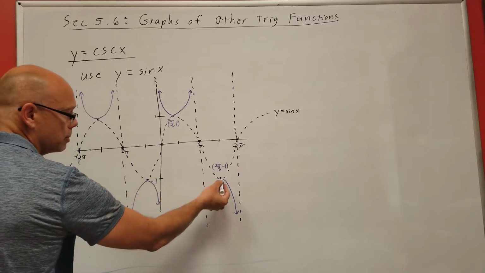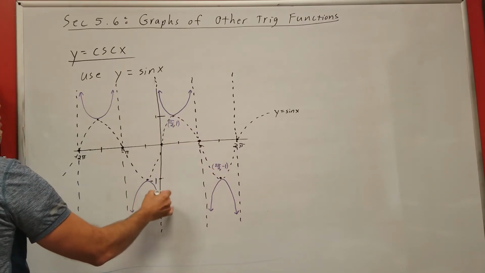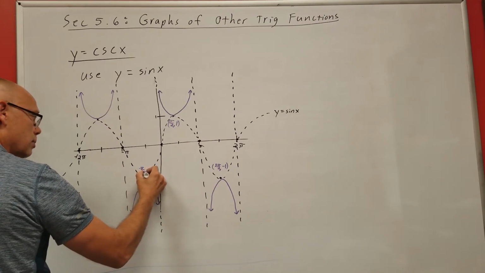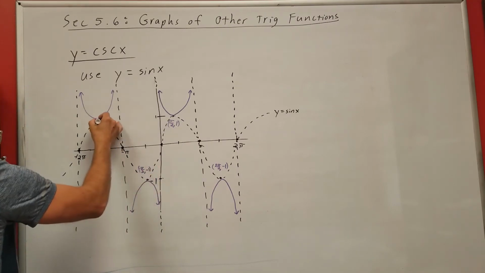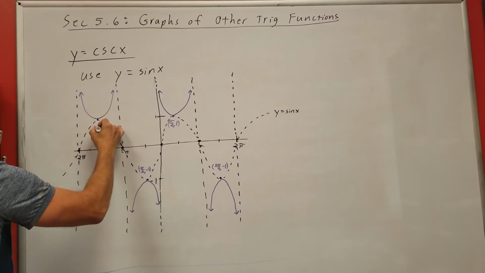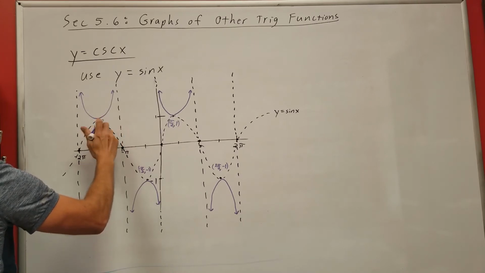That's not x-intercepts, that's points. Okay, this point on my cosecant graph is going to be negative pi over 2 comma negative 1. And this point on my cosecant graph is going to be negative 3 pi over 2 comma positive 1.